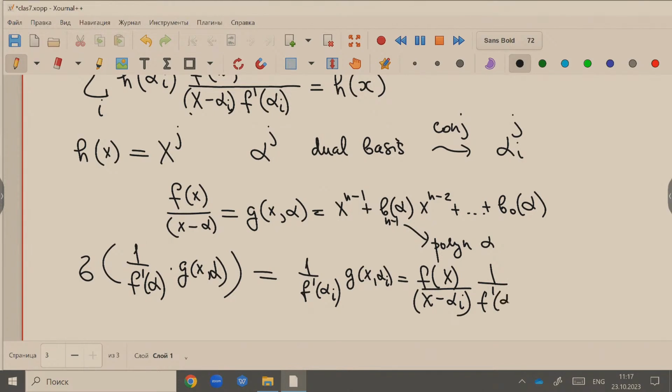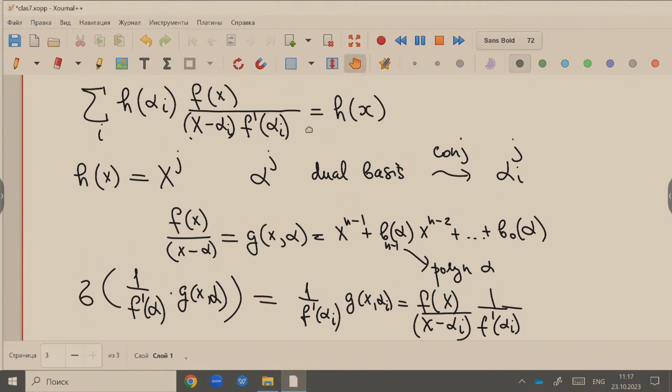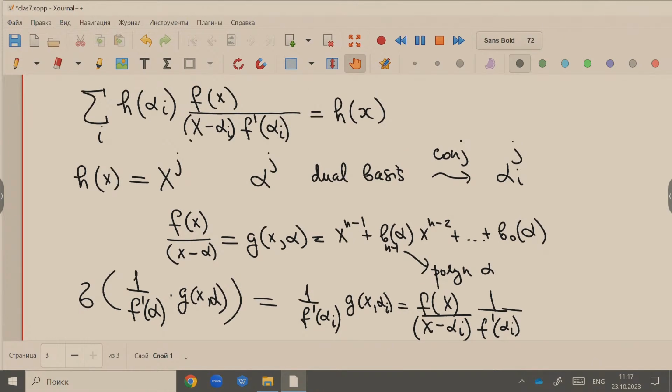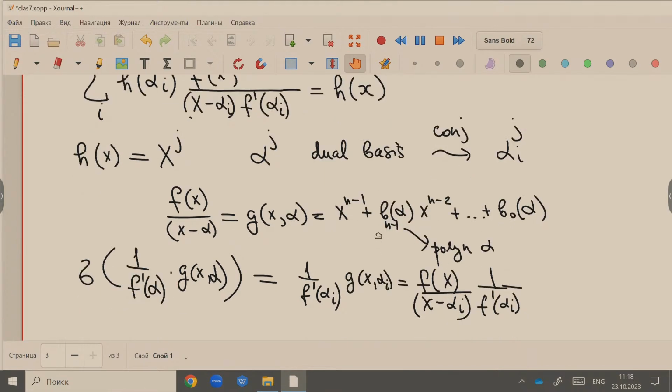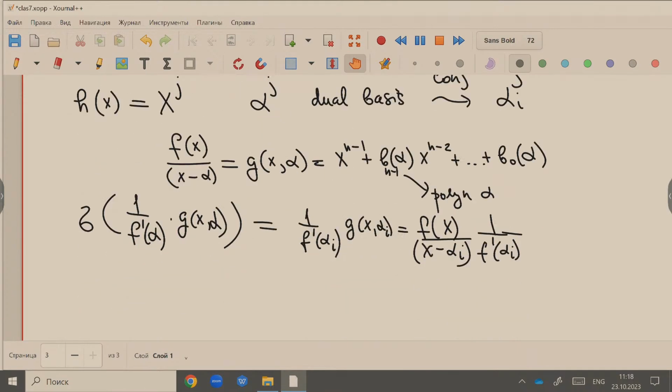So you see, it is clear that you are just substituting alpha i in this expression, but what is actually written here?